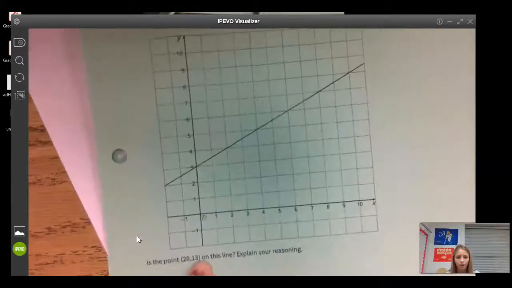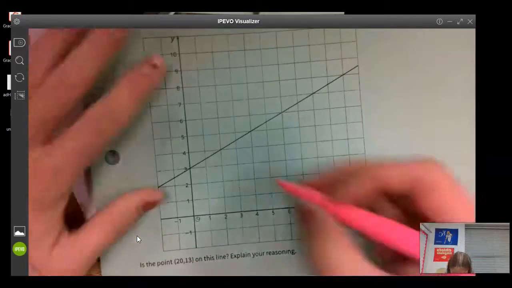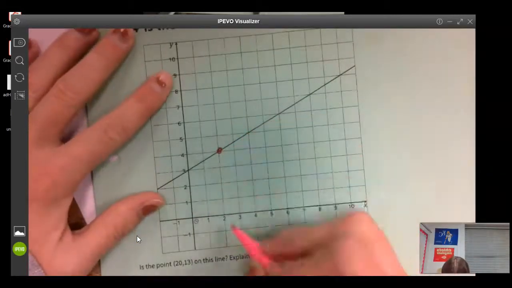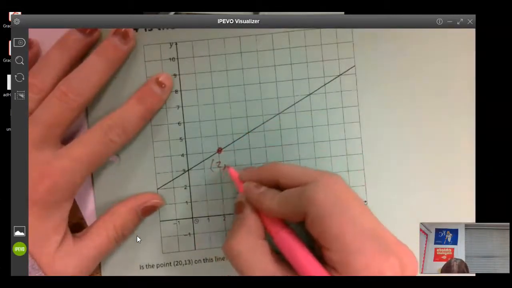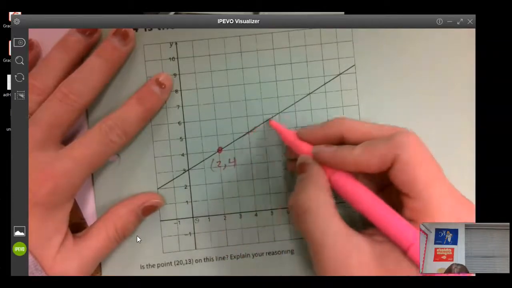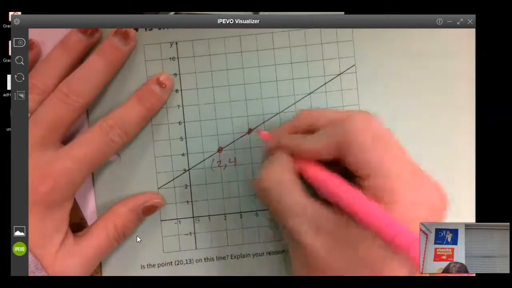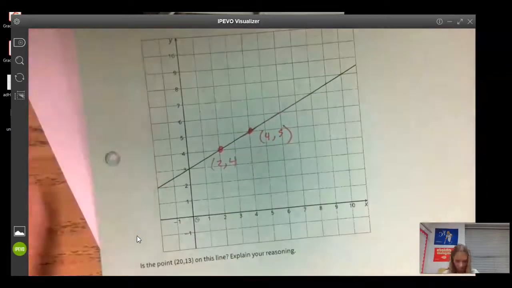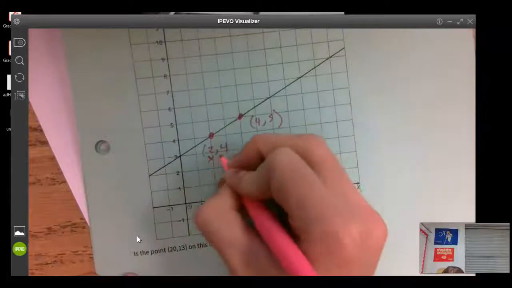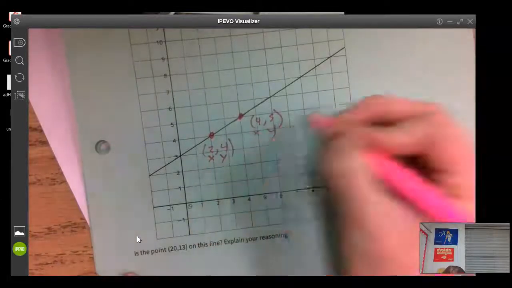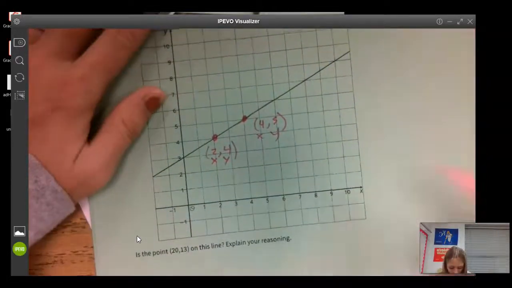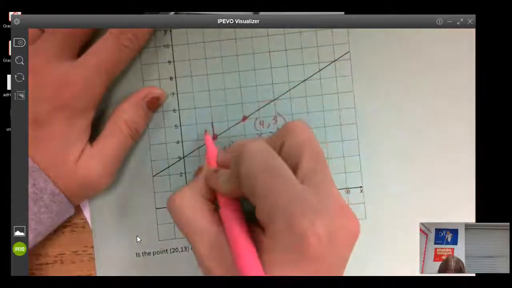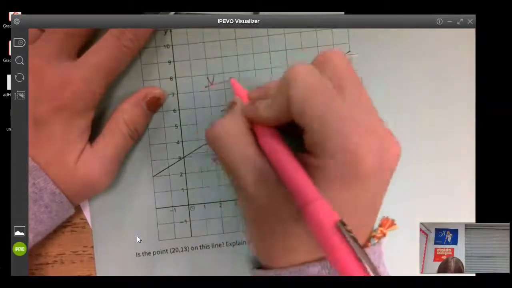Okay, now is this point on the line? Let's figure that out. Well, first we need to figure out our slope. So I'm going to pick this point, and I'm going to label the coordinates 2, 4. And then I'm going to use this point here, which is 4, 5. So I'm going to plug these into my formula and find my slope. So my slope is vertical over horizontal.